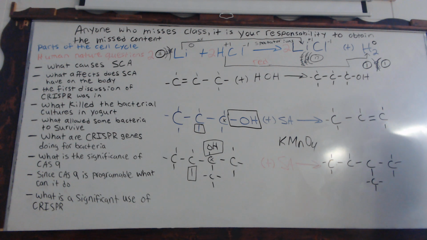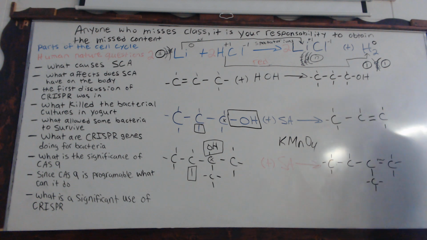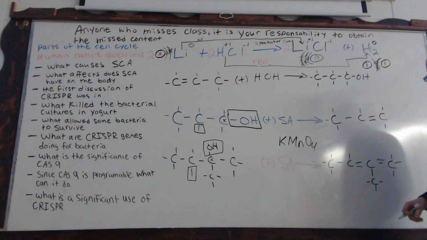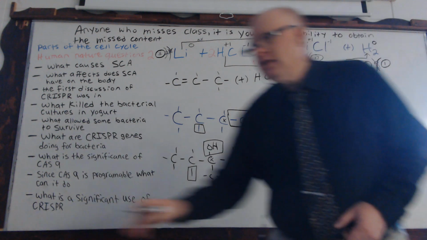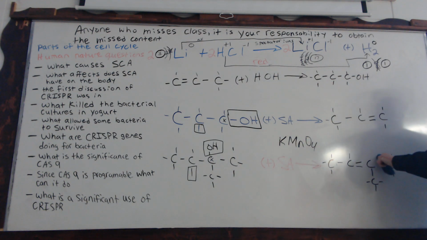And that's correct, we would only fix one of them if we did this. So I'm going to put a squiggly line there. Okay? So that fixes this carbon, but it doesn't do anything for us there. So therefore, the double bond would have to go over here. Then that fixes all of our problems, and that would be how that reaction proceeds.